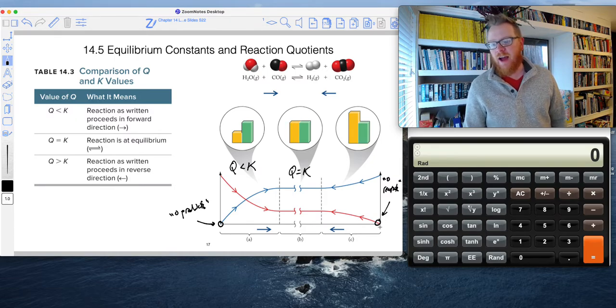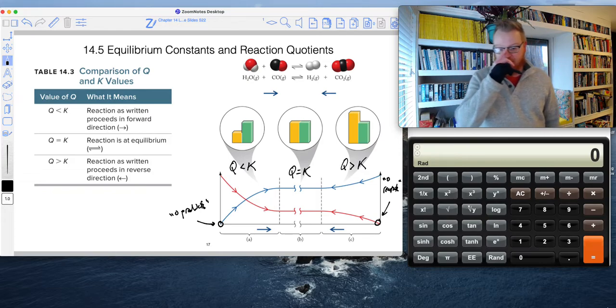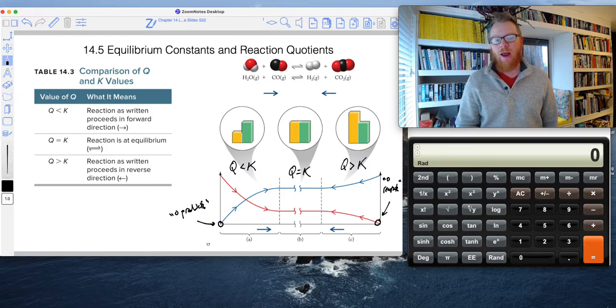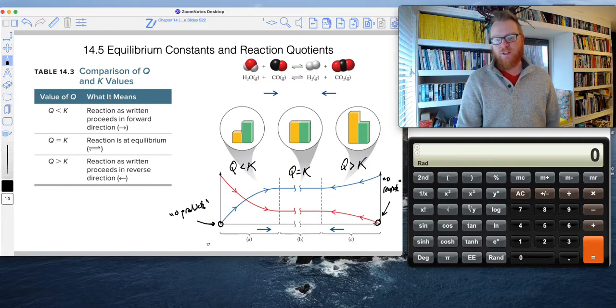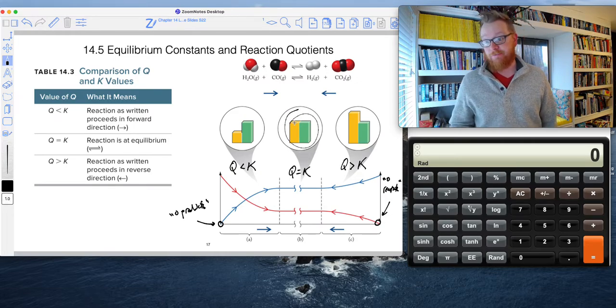Because there's, in this scenario, 0 reactants and some amount of products, we can see most definitely Q will be greater than K. When we have something divided by 0, it's infinity, so that's the situation of Q much greater than K, and the reaction will proceed to the left. In other words, the reactants will increase and the products will decrease, all so that it can achieve this equilibrium situation.